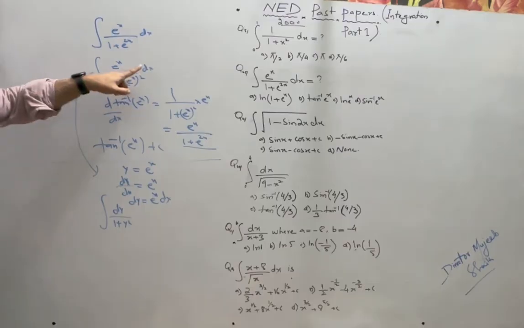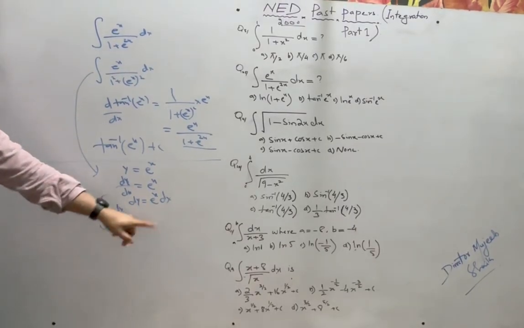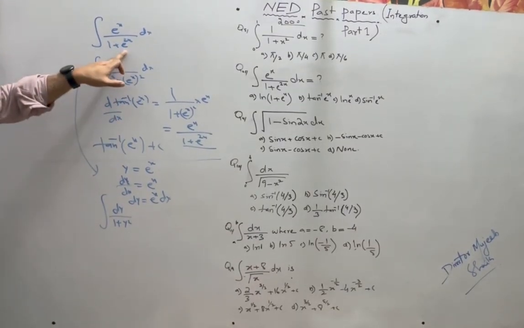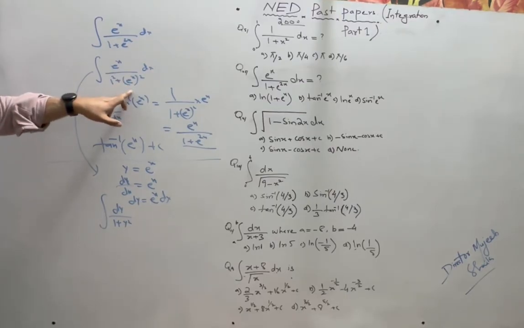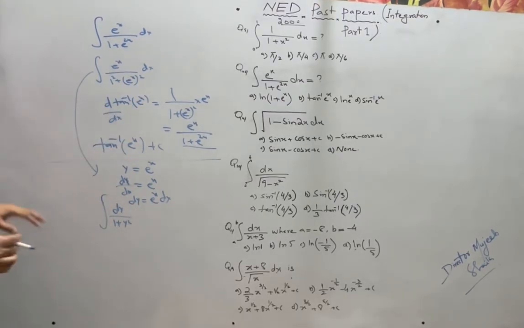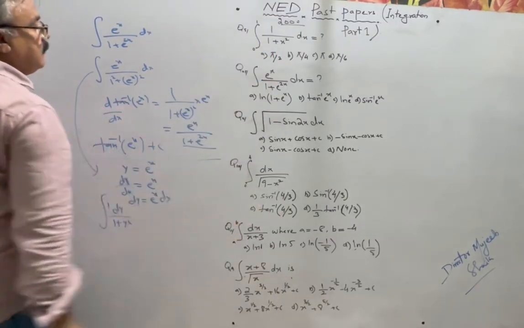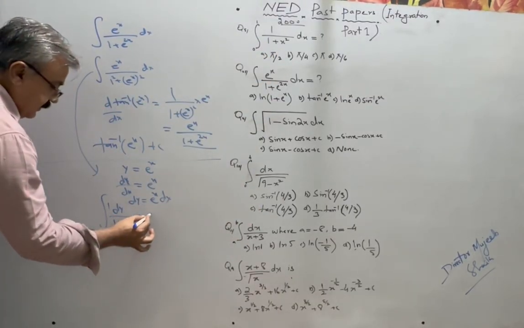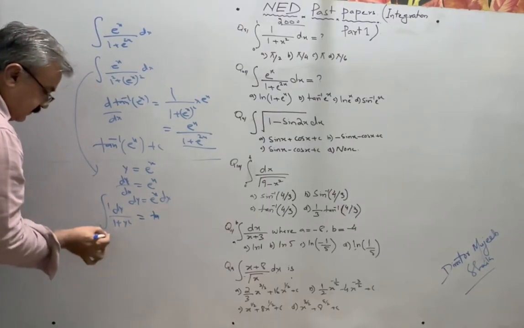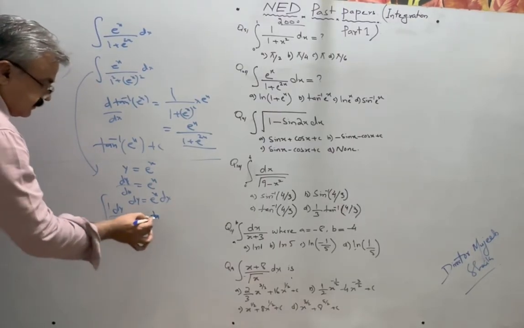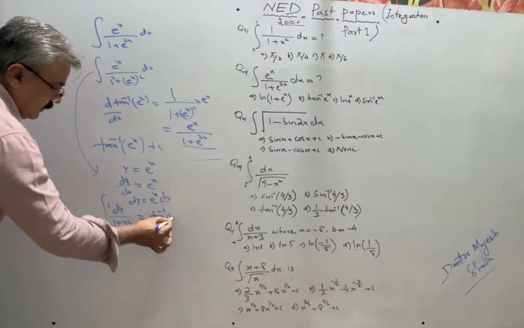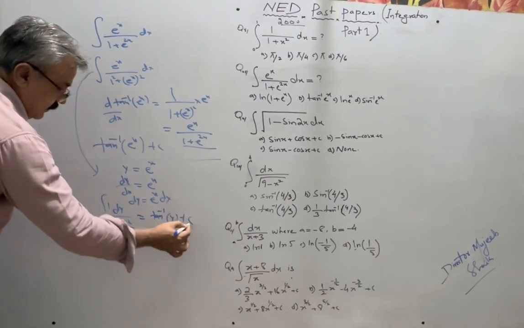Instead of e raised x dx, I have introduced dy. Instead of e raised x square, I have introduced y square. Again, this is the same situation of the previous question, 1 over 1 plus x square. It is differentiation of tan inverse y. So its integration is tan inverse y plus c.